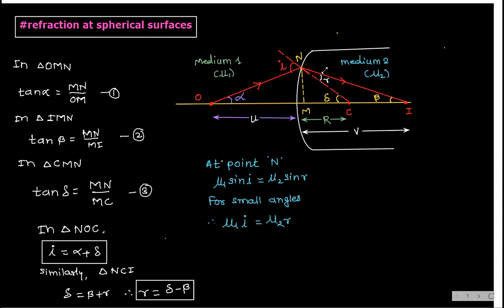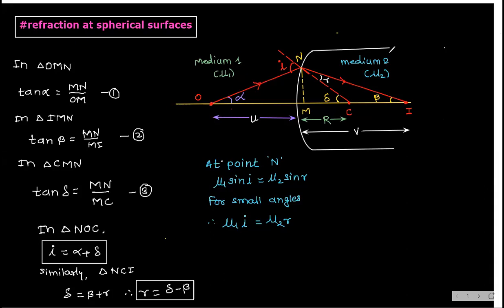Now, why I wrote I and R, you understood? If theta is very, very small, we can write sin theta as nearly equal to theta. Already we have learned this. Okay, understood. Let's move ahead.